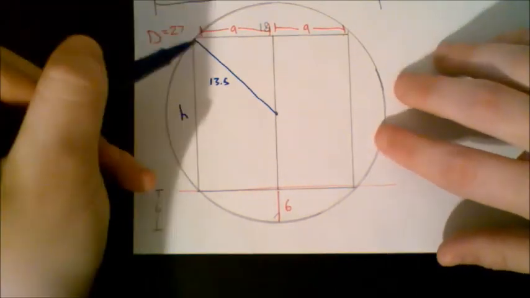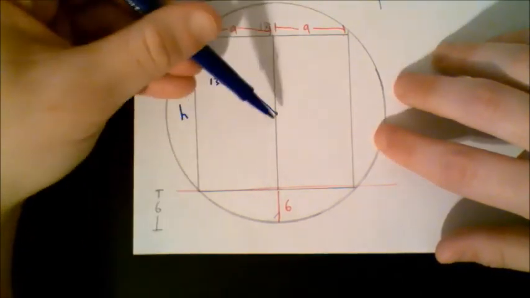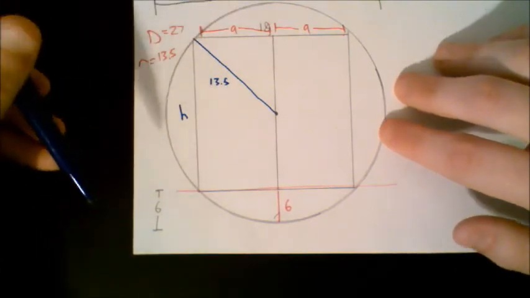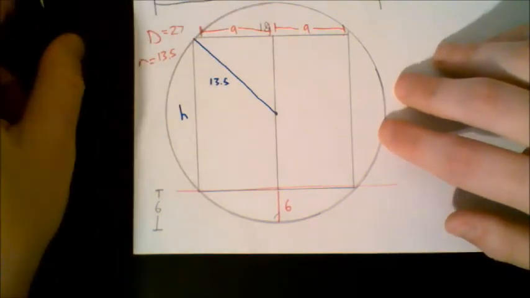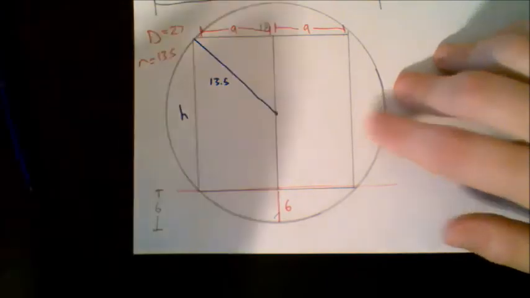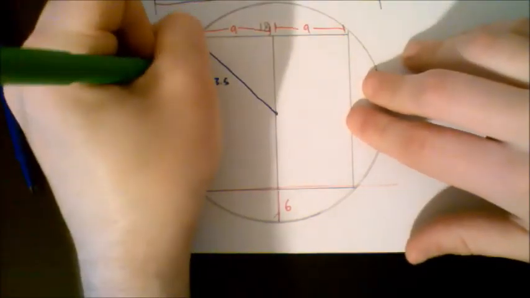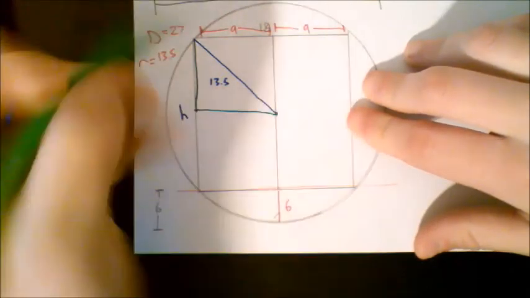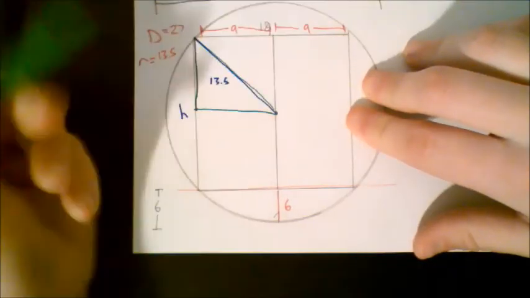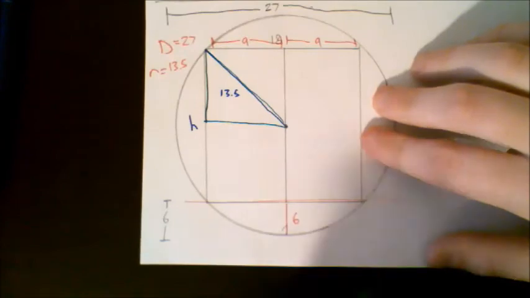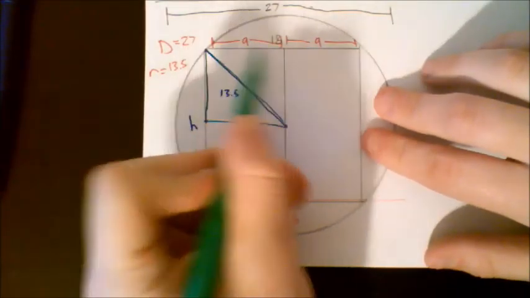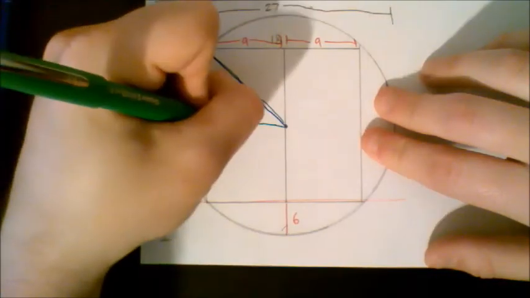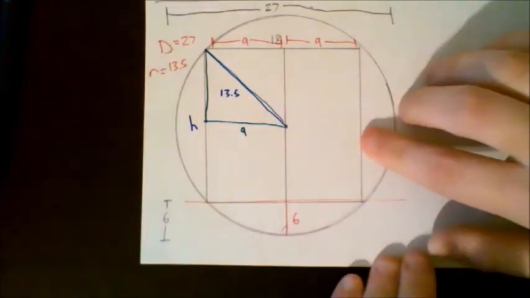And it's going to be 13.5 whether you draw it here, 13.5 whether you draw it going this way. It really doesn't matter, because what we can do is focus in on this triangle right here. Since we have a 9-foot span up here, I'm going to take that 9 feet and just drag it down here.